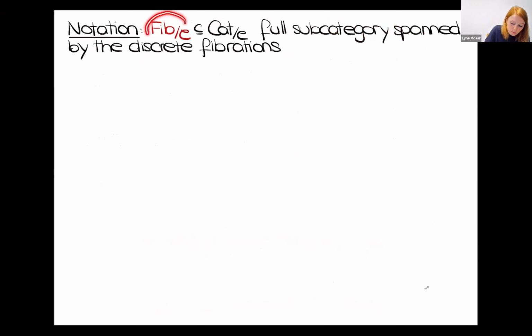Okay, so now let me denote by Phi over C the full subcategory of categories over C spanned by these discrete fibrations.